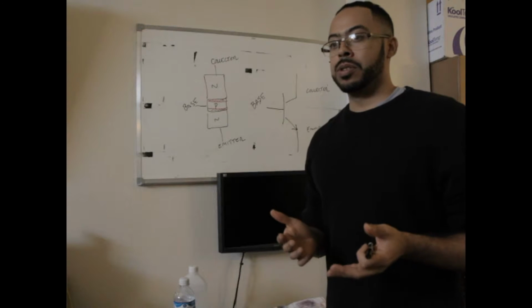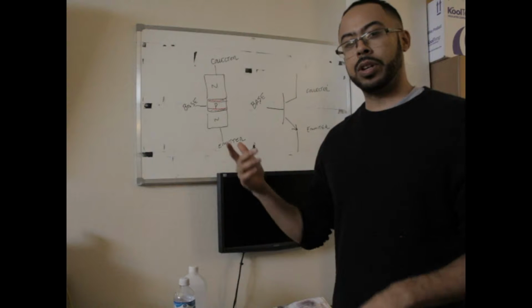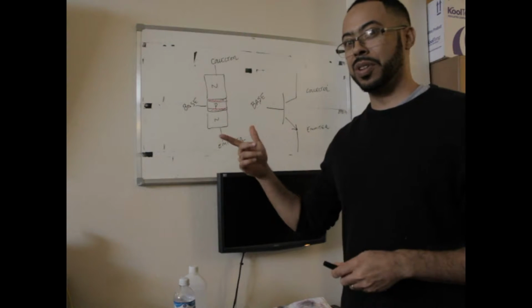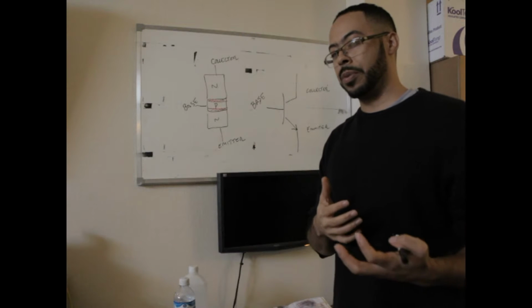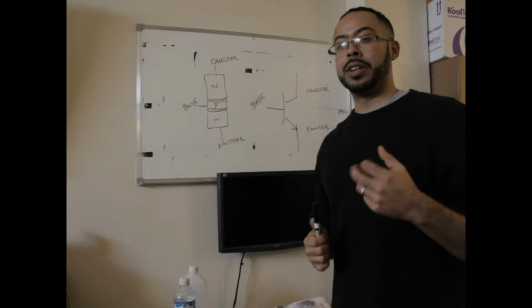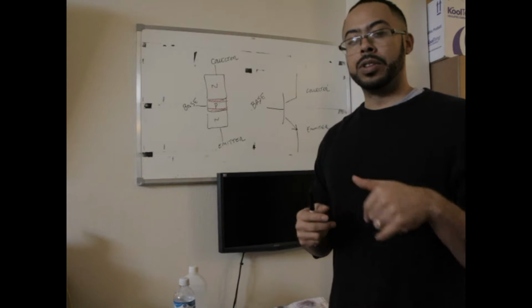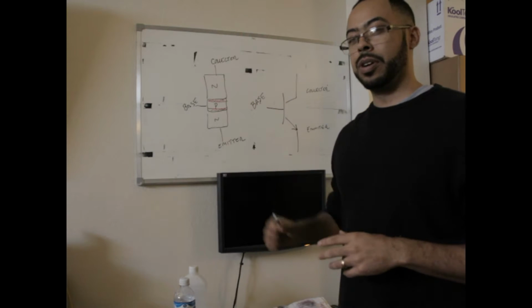Basically, to make a transistor, you use a material that has one extra electron in the valence ring, making it an N-type or a negatively charged ion, and then you take an element that has a deficiency in that valence ring, or a positively charged ion, and you make yourself a little sandwich.